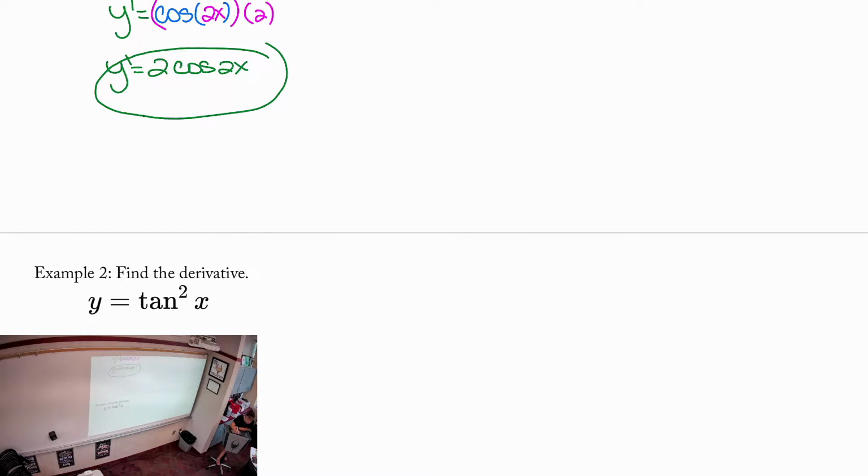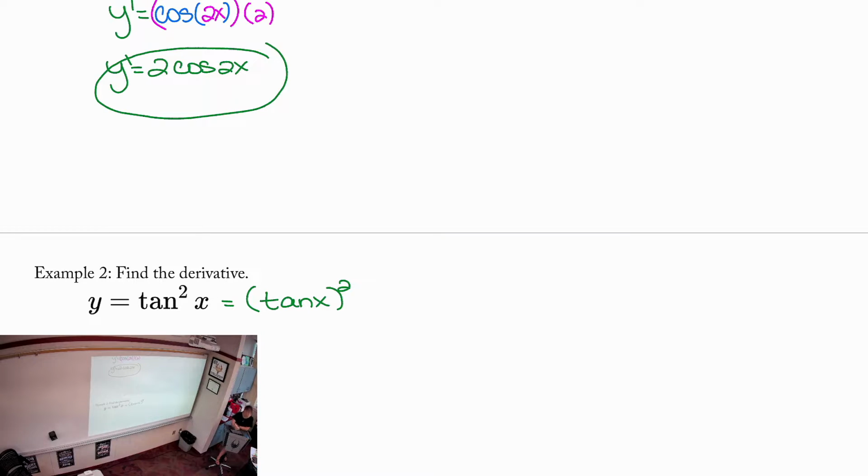Technically, tangent squared of x is the tangent of x quantity squared. So tangent squared of x is technically the tangent of x and everything is squared, because it's tangent x times tangent x.